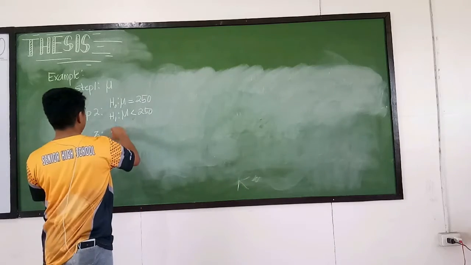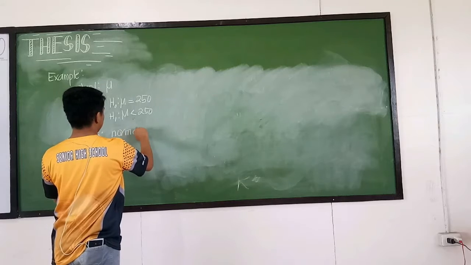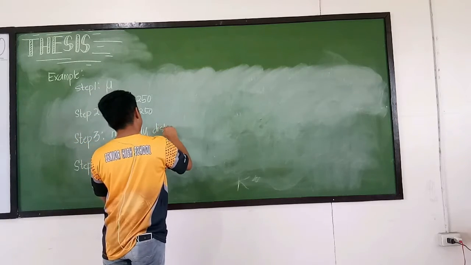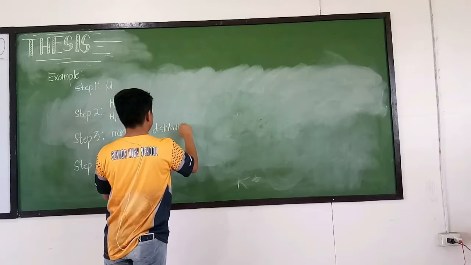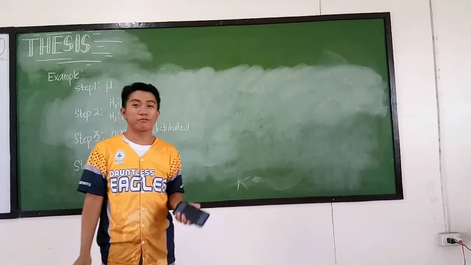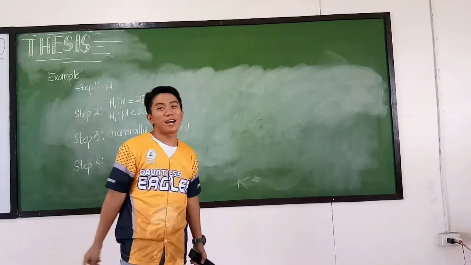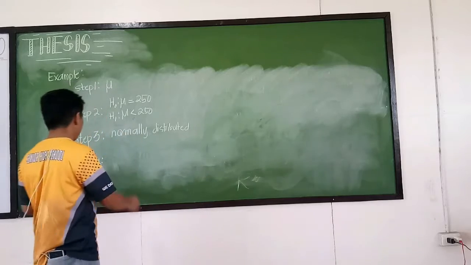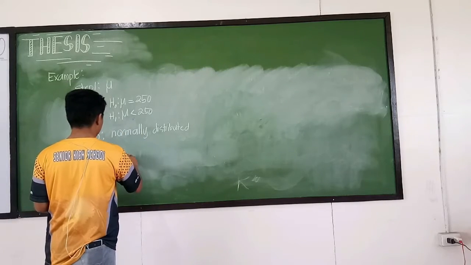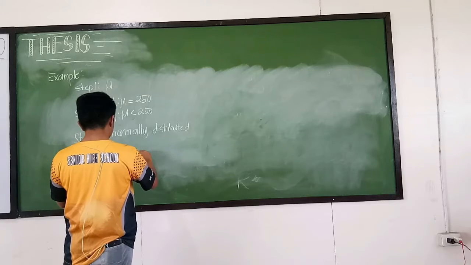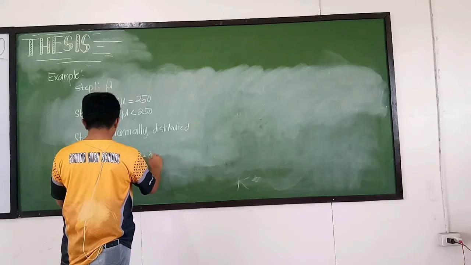Next is step 4. Choose a significance level for alpha. So in this problem, we're going to use the 95% or the 0.05.